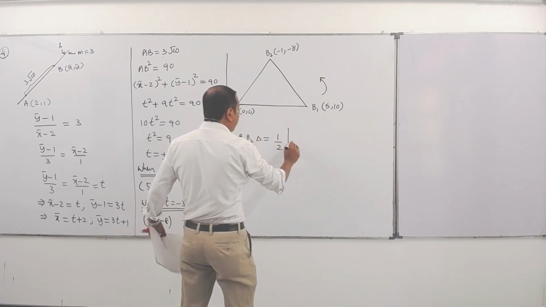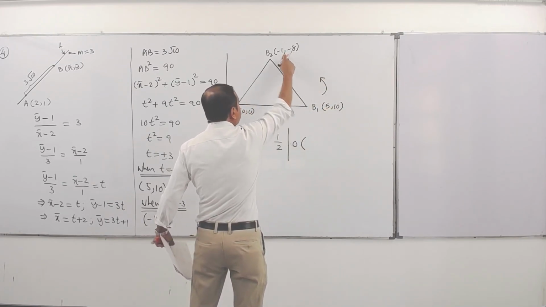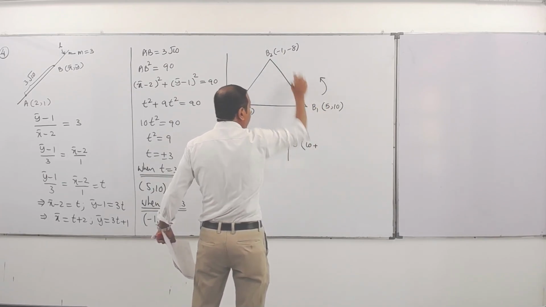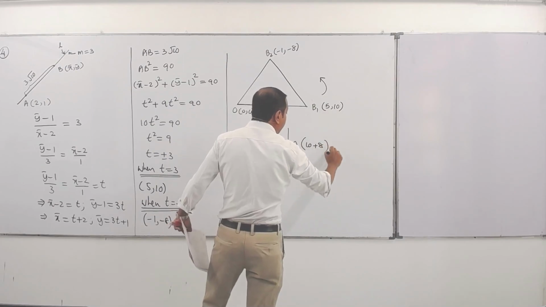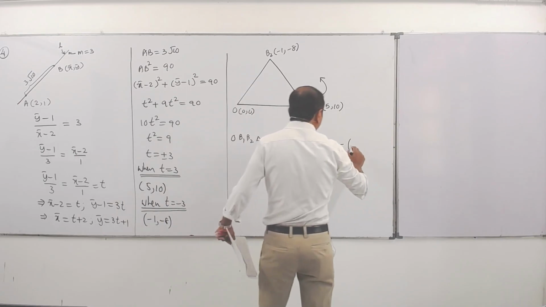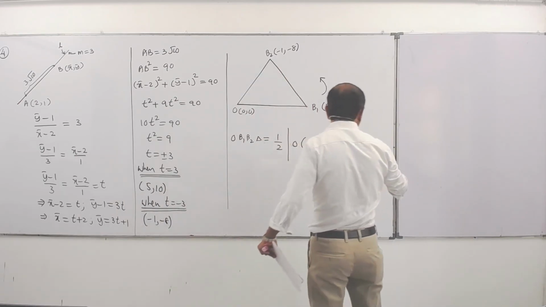Right. Keep this 0 before, and the difference of the y coordinates of the other two points: 10 minus minus 8, plus 8. Then come to here, keep this 5, minus 8 minus 0, minus 8. Alright, and keep this minus 1 there.